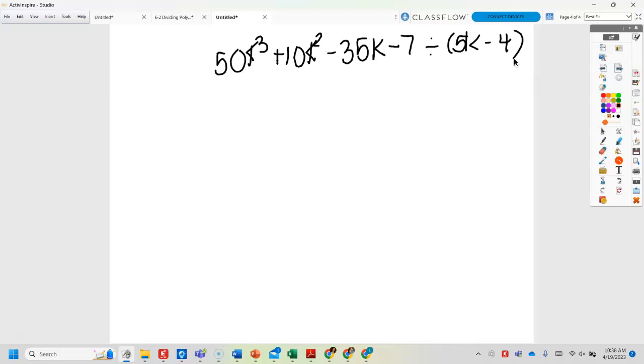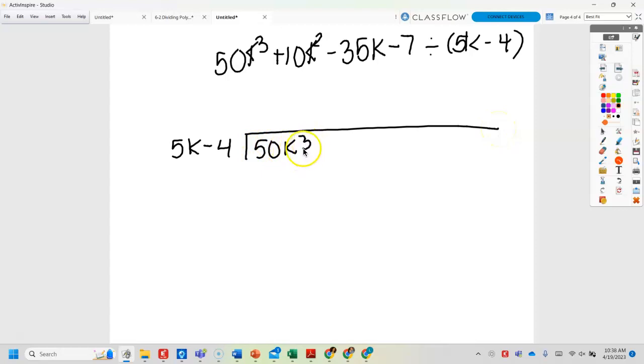Those are K's. Because there's a number on the K, you have to do long division. Pick one with a little bit bigger numbers. What do you have to multiply that by to get to 50? 10.